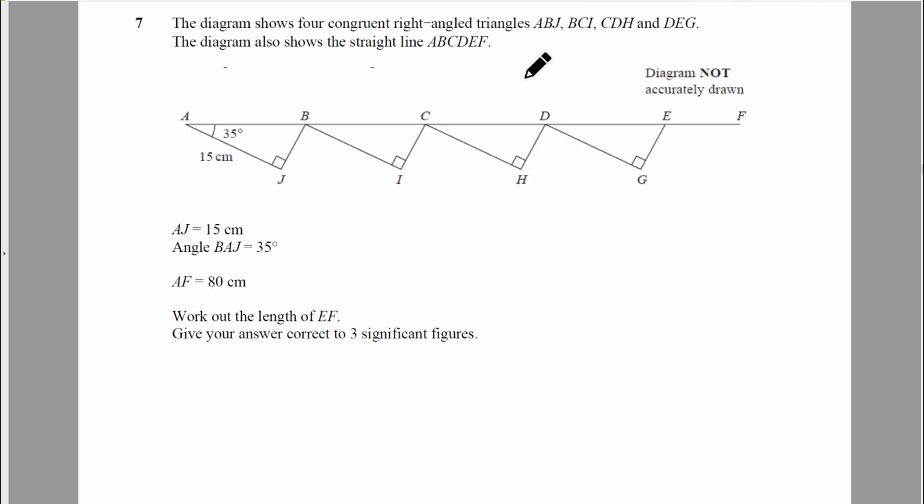Right, question 7. Lots of right angle triangles. Work out the length of E to F. Congruent means they're exactly the same. Right angle is a clue. That's a straight line. A to F equals 80.